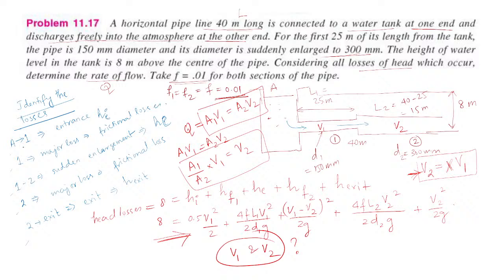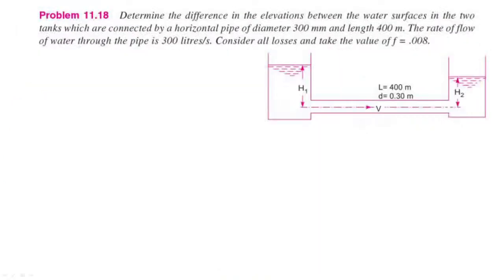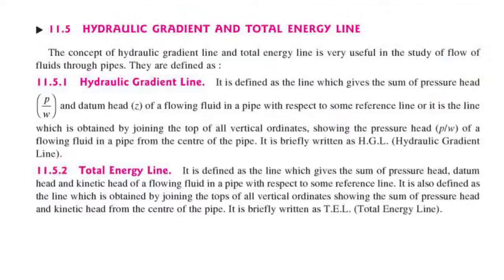In this particular chapter, the major challenge is going to be to identify the losses. This is a very simple problem, and you can practice initially with this problem. Next, coming to the theoretical part, it is very important to understand the concept of the hydraulic gradient line and the total energy line.